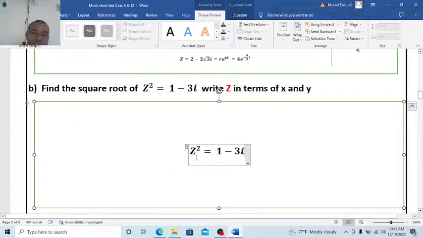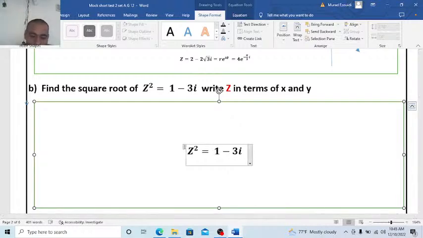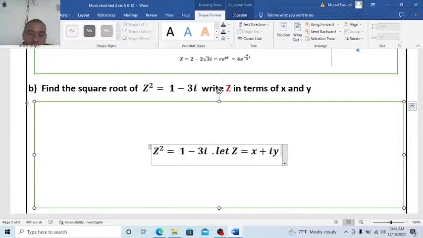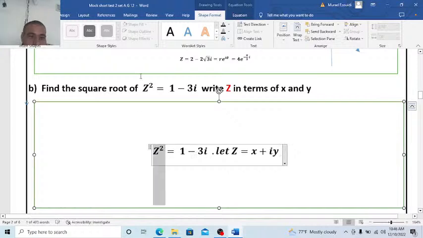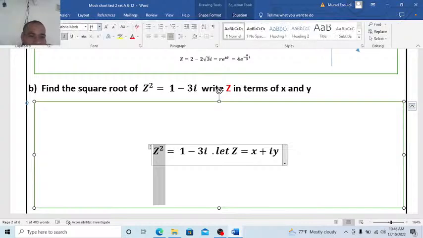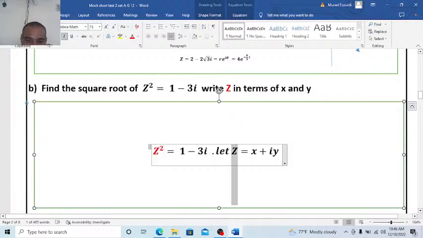Here we have z squared equal minus 3i. I will suppose that z, the complex number, equals x plus iy. Therefore, you see this z is squared, it's multiplied by itself 2 times. So I told that z equals x plus iy.